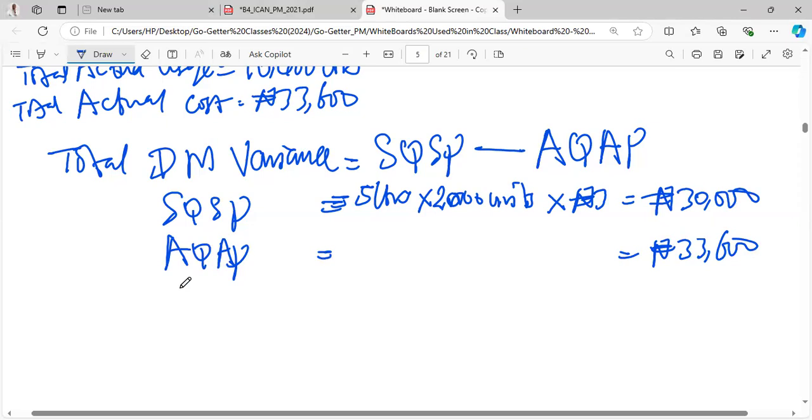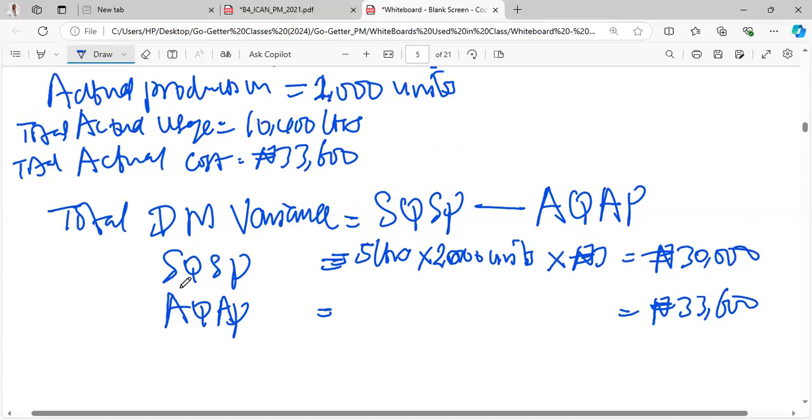If you want to break it down the way it is being done here, we don't know how many liters were used per unit, but we can find out.